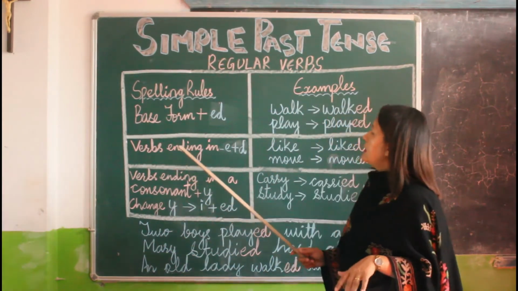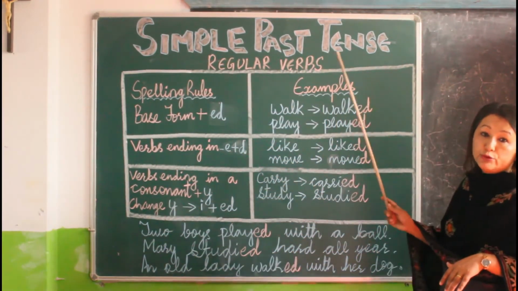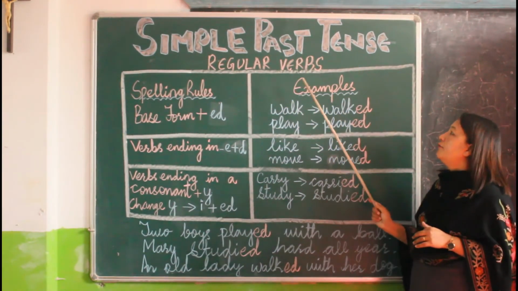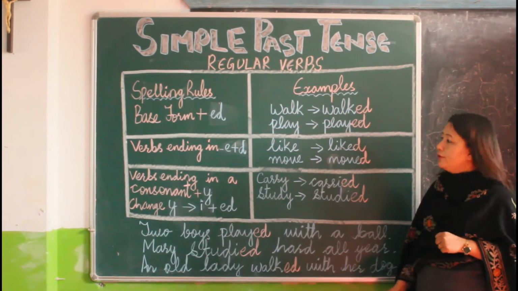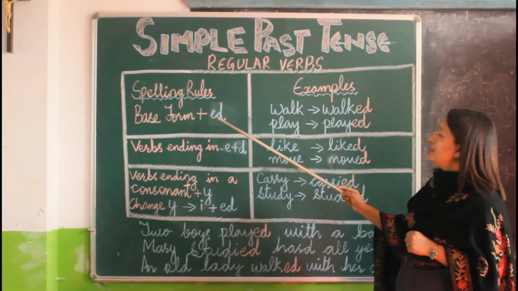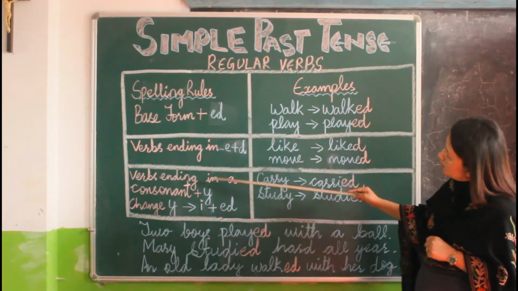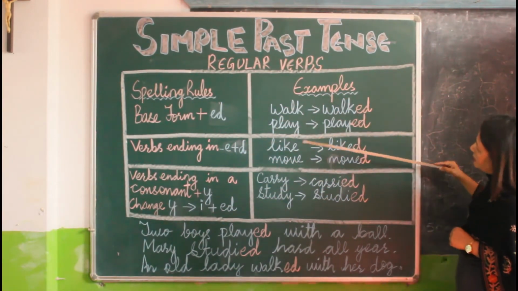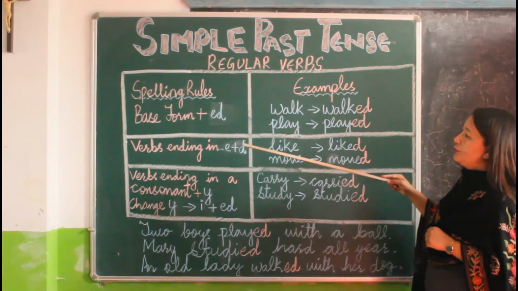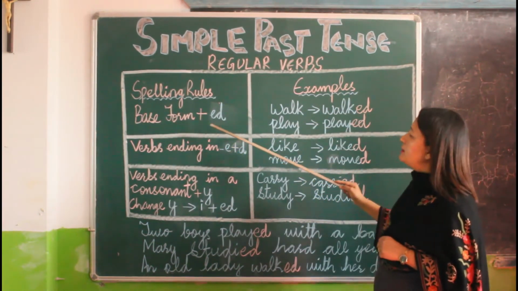Now let's see some spelling rules for simple past tense regular verbs. First we have base form plus ed. So this side we have spelling rules and this side we have examples.